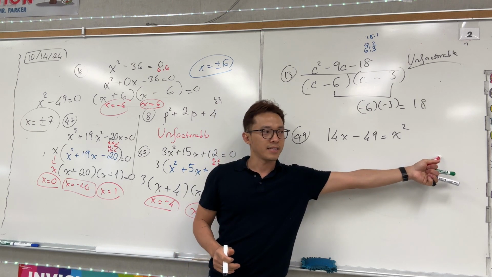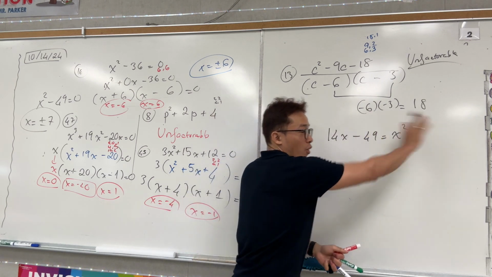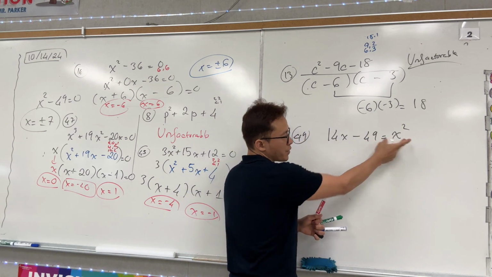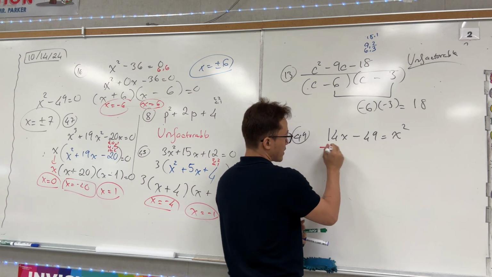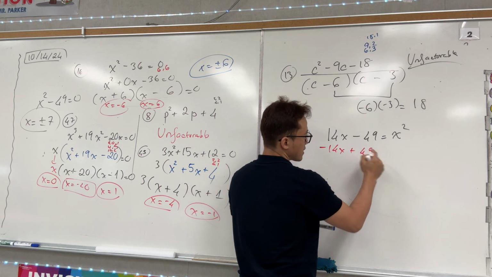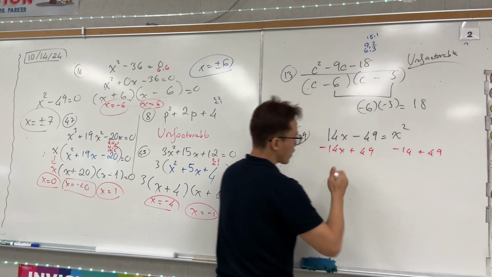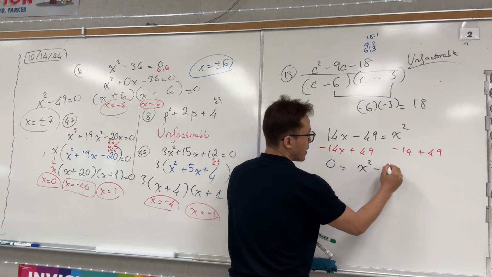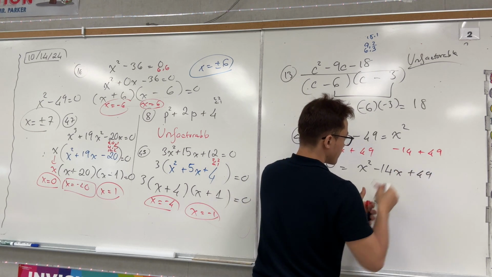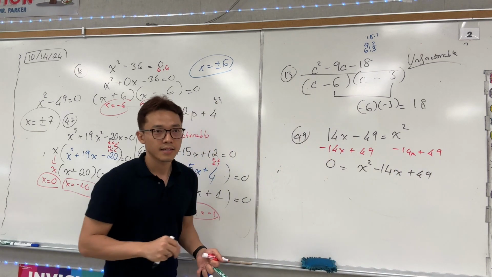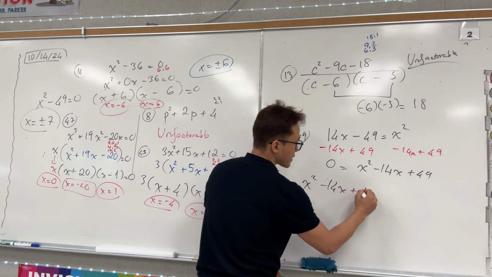Yeah, keep the x squared positive. So you move this one over here. When you move, you can just write them on the left, that's fine. So literally you get rid of this whole thing and move it over here. So you're going to have 0 equal to x squared minus 14x plus 49. Then you can rewrite the order, it doesn't make any difference.